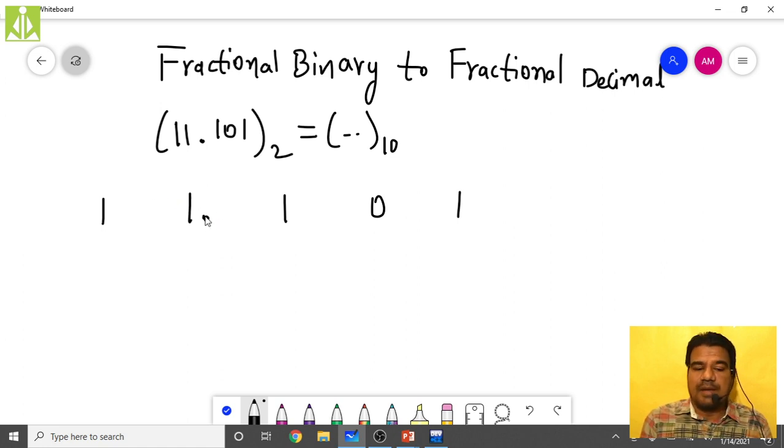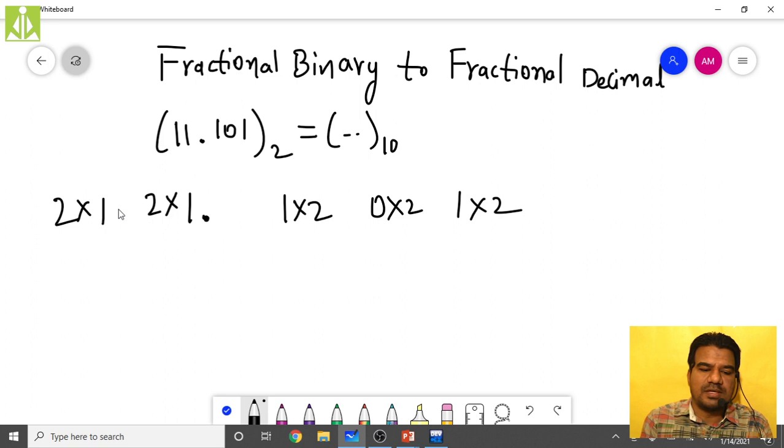Then multiply by 2, multiply by 2, on the whole number side. After the decimal you also write multiply 2, multiply 2, multiply 2, and add plus in between, here also plus, plus, plus, like this.